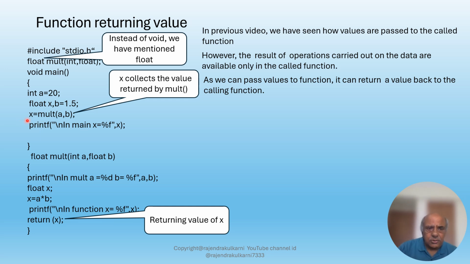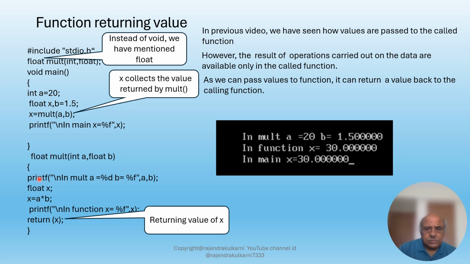So this x of main will collect the value returned by mult function. This is the screenshot. In mult, a is equal to 20, b is equal to 1.5. This is the result of this printf statement.